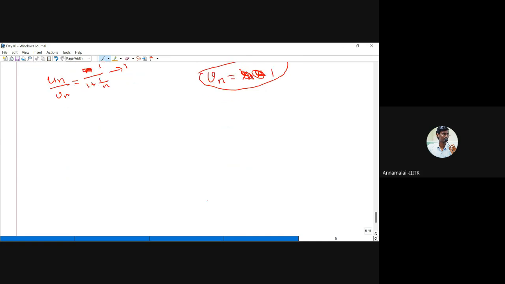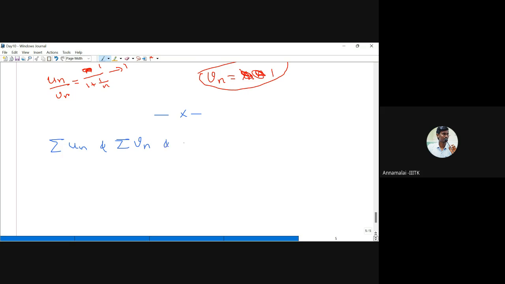Now what is the second type? The second type is similar to that one. Instead of Un, Vn, you have to take Un plus 1 by Un and Vn plus 1 by Vn. Summation Un is one series of positive terms, and summation Vn is another positive series.